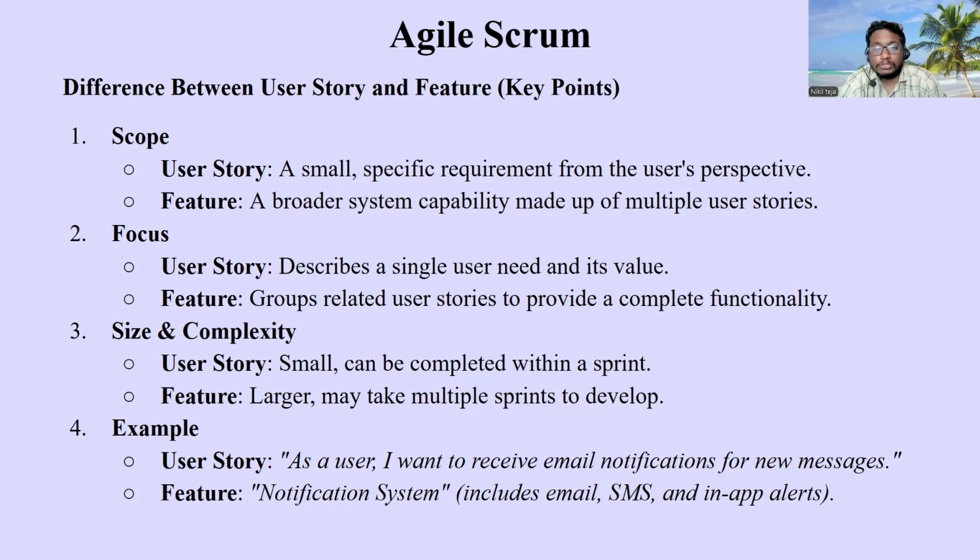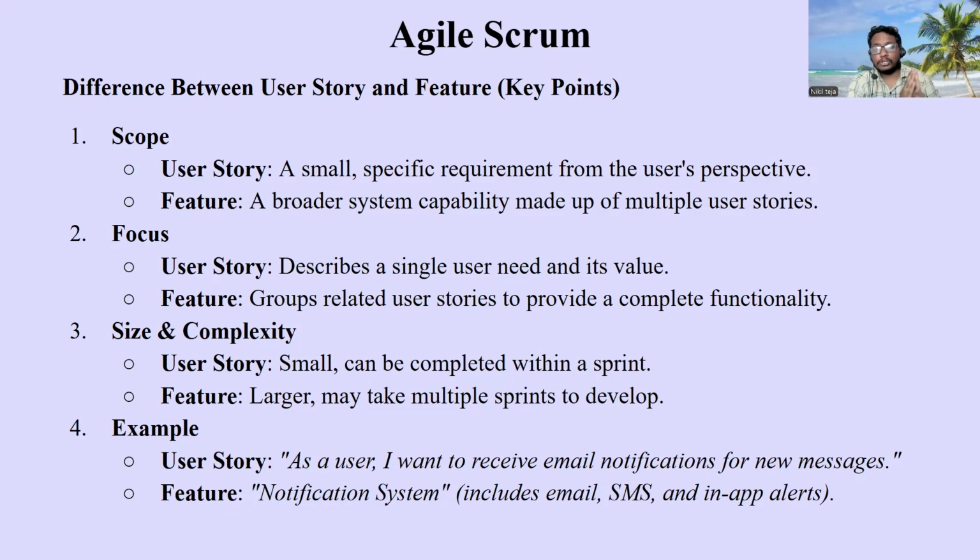Size and complexity: a user story is small and can be completed within a sprint, but a feature is larger and may take multiple sprints to develop, to complete multiple user stories. Another methodology we will follow is called Lean, in which you concentrate on completing a feature, not a sprint.